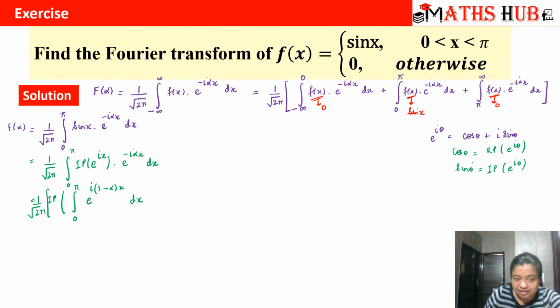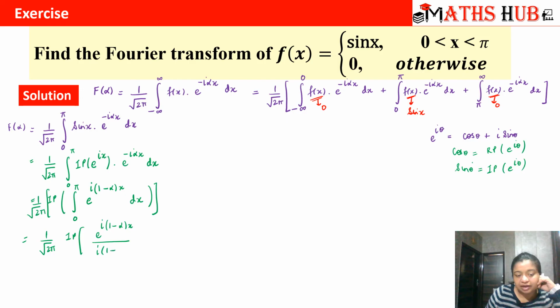I can write this term like this. And now when I integrate this term, it is easy to integrate. So I get 1 by under root 2 pi, imaginary part of, what is the answer? We will get e raised to power iota (1 minus alpha) x divided by iota (1 minus alpha), limits from 0 to pi, right?